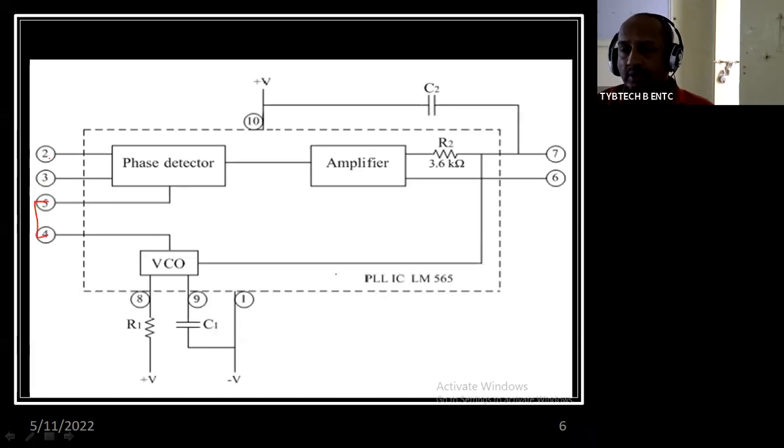Do you remember what the R1 and C1 combination gives? It gives the VCO free running frequency, which can be identified with this combination of R1 and C1. What are R2 and C2?